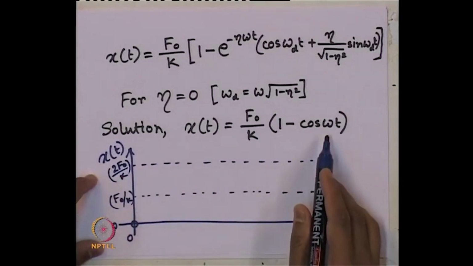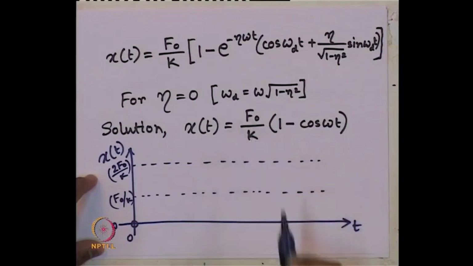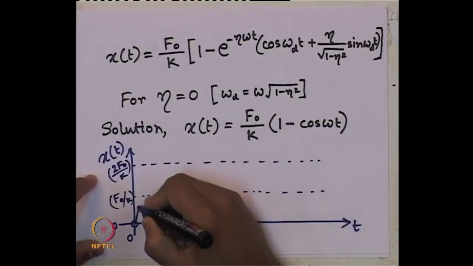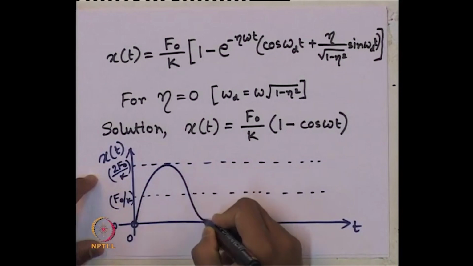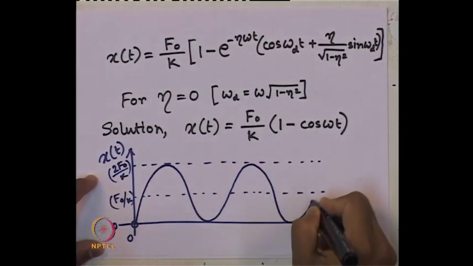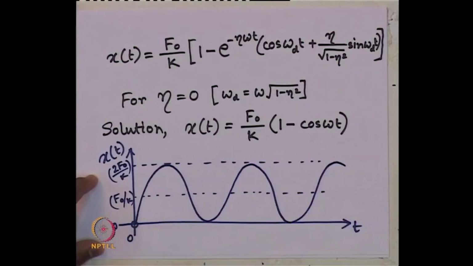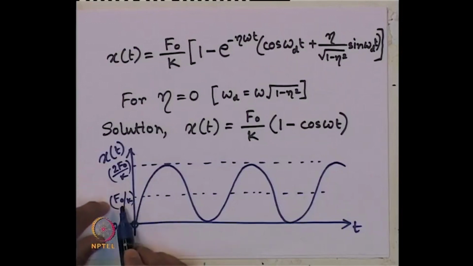So, it is a harmonic function oscillating like this. It is the undamped case, so there is no damping; it keeps on oscillating like this. It oscillates not about the baseline x of t equals 0, but about the central line of magnitude f naught by k.